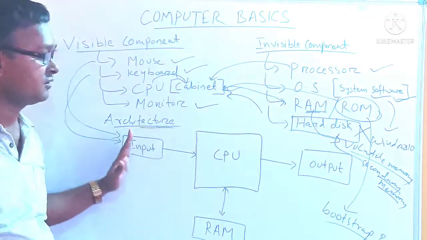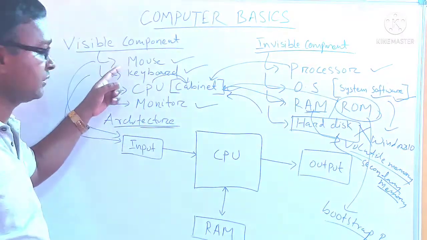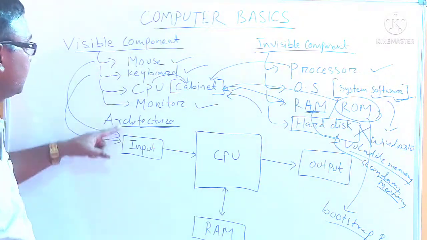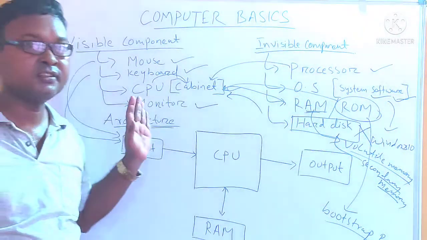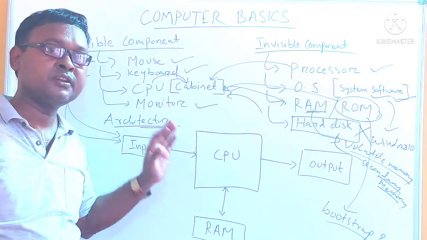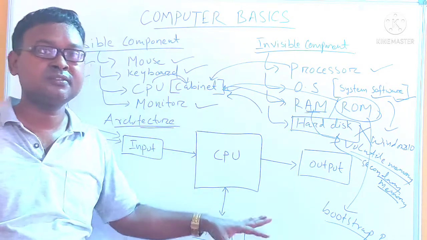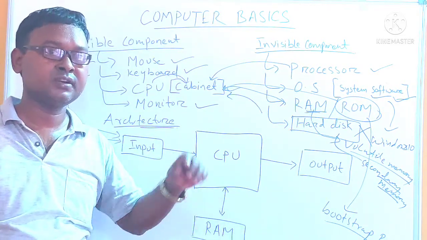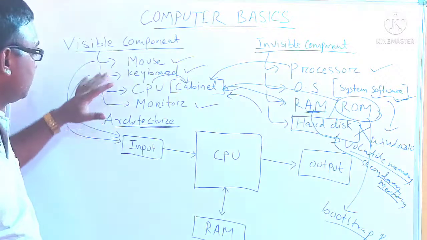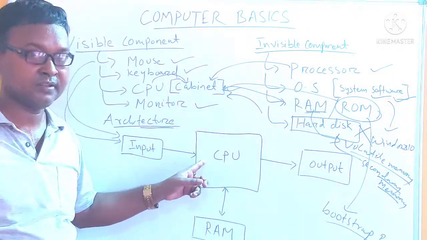You are giving the instruction to the computer system through what? Through the input devices. So what are the input devices you are using? You are using the input devices mouse and keyboard. These are the input devices you are using to give the input to your computer system, to give the instruction to the computer system. So what to do, what not to do. Okay, so these are the input devices that you are using, right? So I have given my single arrow over here.